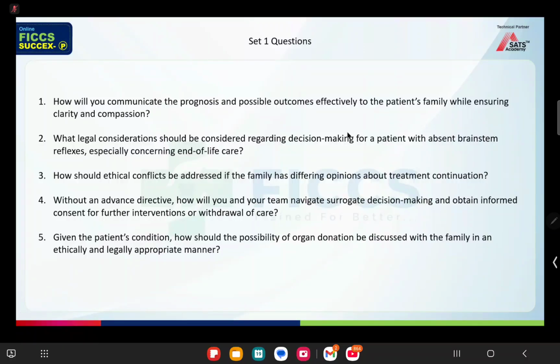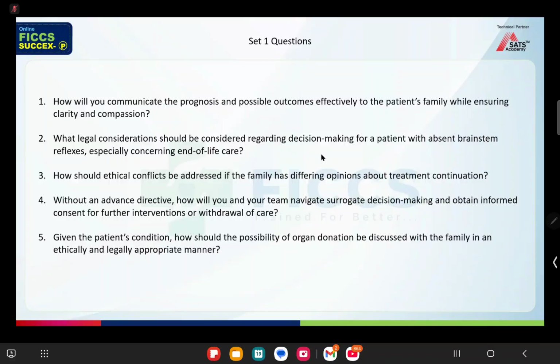Then understand how much they know, then give them your scenario of what is expected, and tell them about the disease. In this case it is very clear that though he is on the ventilator, he is breathing at present with the support of the ventilator, his vitals are maintained, but overall his condition is not great, that he will come home walking or be awake at any point of time.